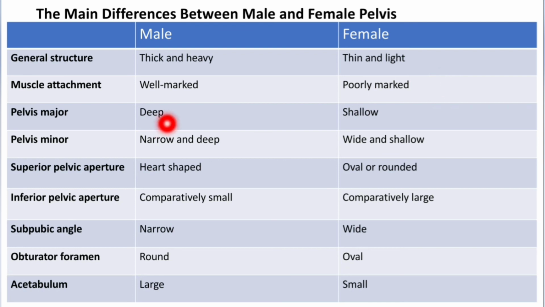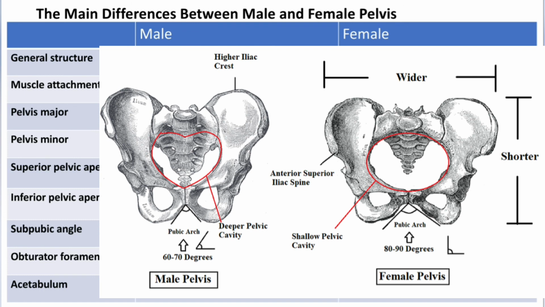Greater pelvis is deep in male and shallow in female. The minor pelvis is narrow and deep in male, but wide and shallow in female. Superior pelvic aperture is heart-shaped in males and oval or round in females.